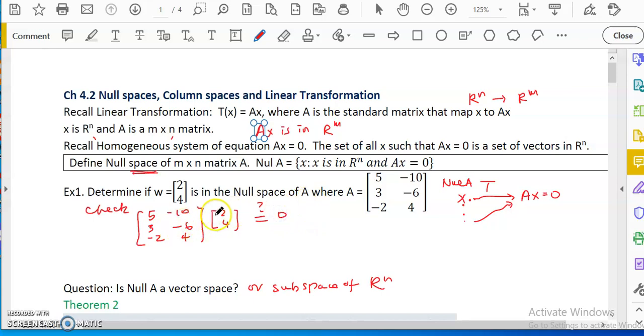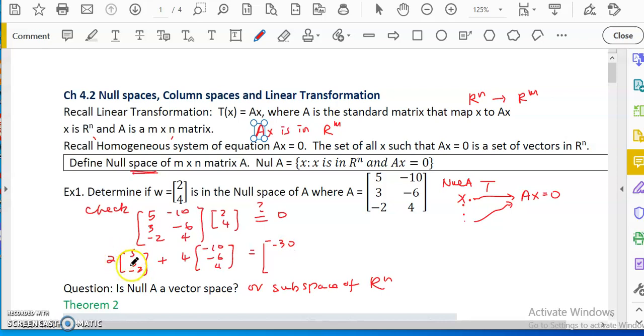We know that matrix multiplication like this means a linear combination. You can actually do the real matrix multiplication, but I'm just going to do the linear combination because it's easier to check. So 2 times the first one is 10, plus 4 times the second one, which gives negative 40, so it is negative 30. Not 0.